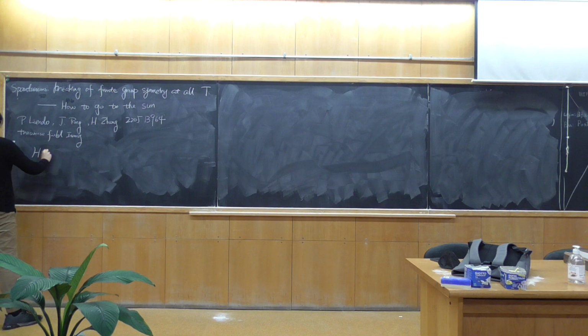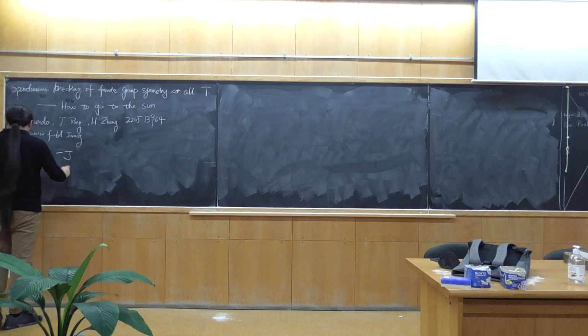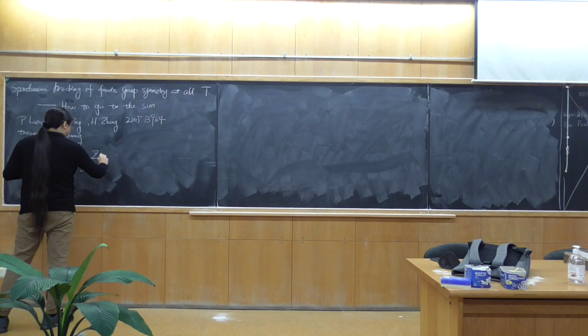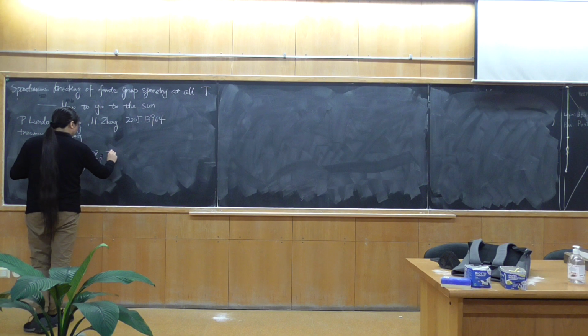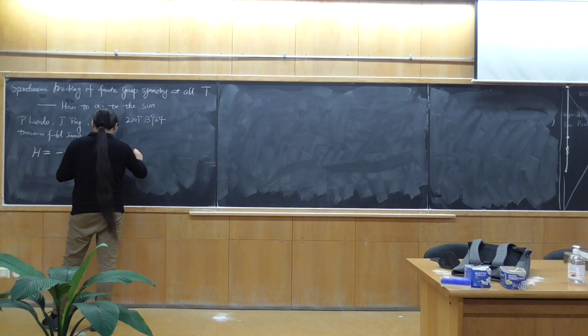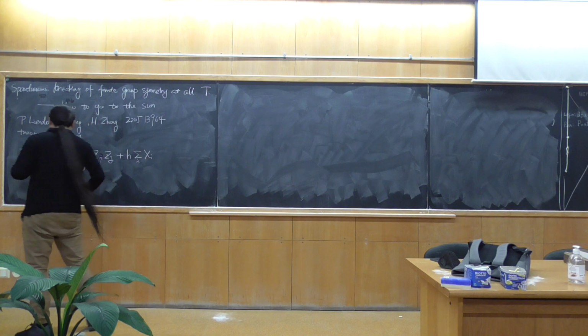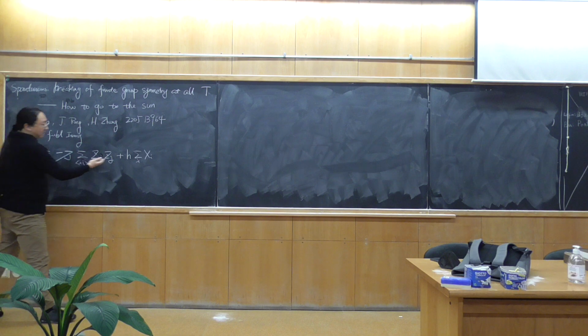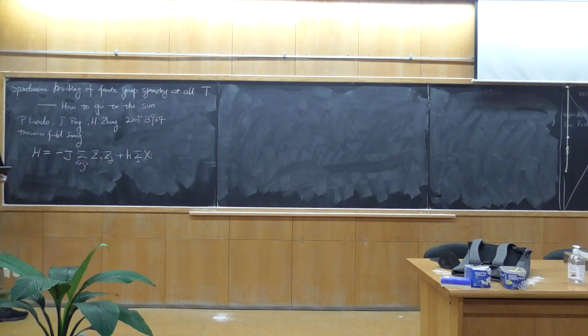So the Hamiltonian would be like this: a summation over nearest neighbor pairs of Z_i Z_j, plus a summation over sites of X_i. Z and X here are the Pauli matrices that we are familiar with.